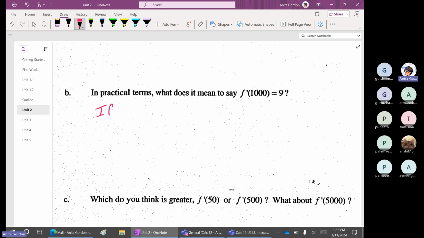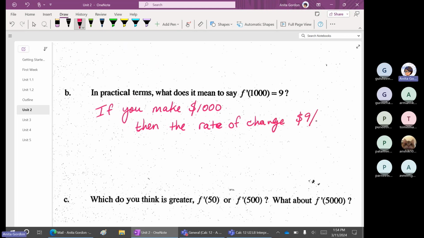Yes, if you make 1,000 yards, then the rate of change is $9 per yard. That means it's going to cost you $9 to make the 1,001st yard, the instantaneous cost for the next section.